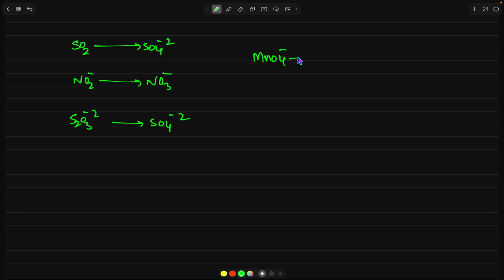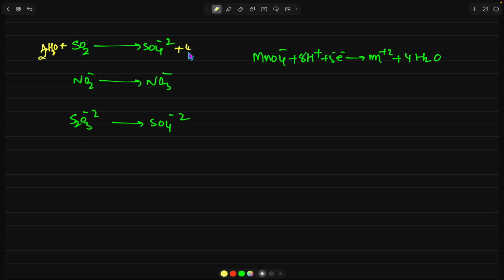MnO4 minus plus 8H plus plus 5 electrons gives us Mn plus 2 plus 4H2O, this reaction. So here we have to balance this too, balance it and merge it with this. This is 4 moles of oxygen, means 2 moles of H2O here, 2 plus 2, 4.